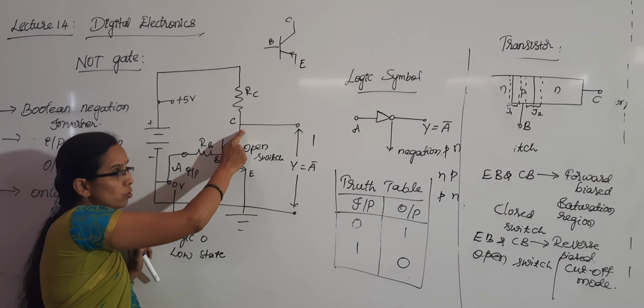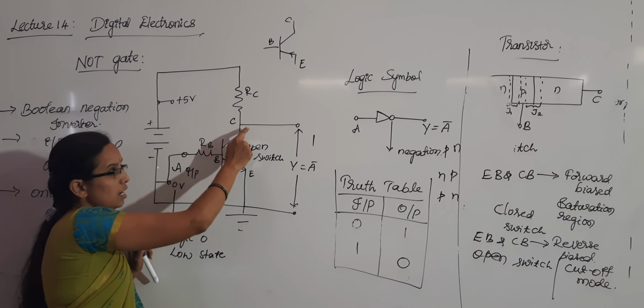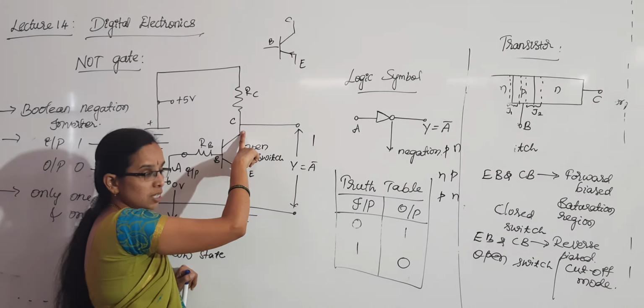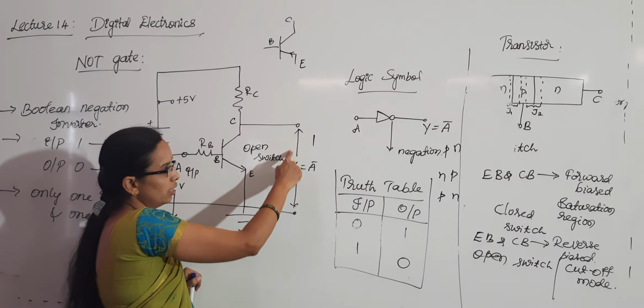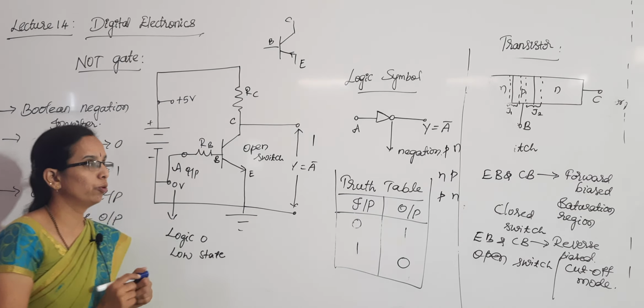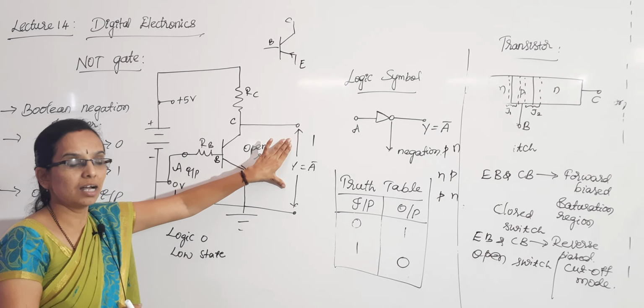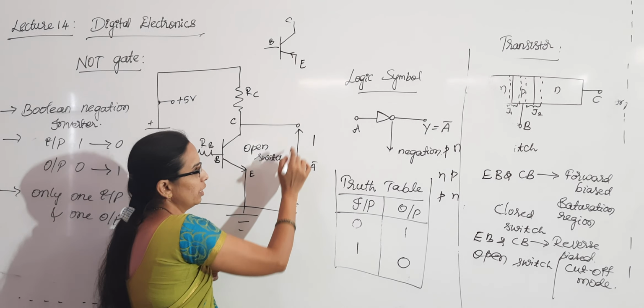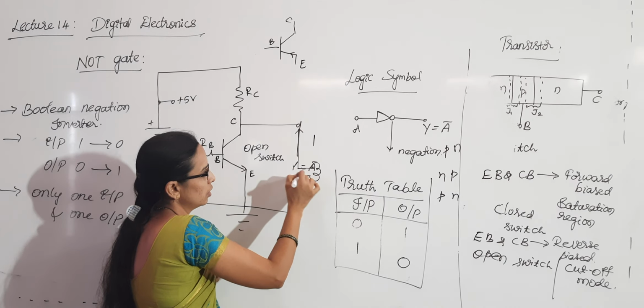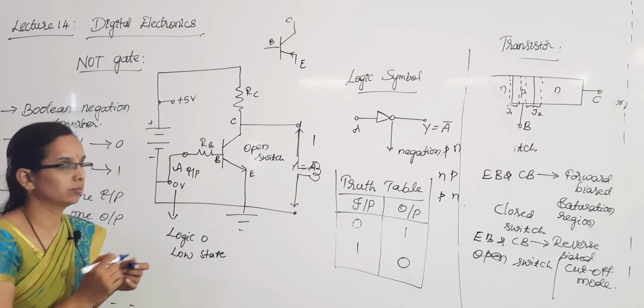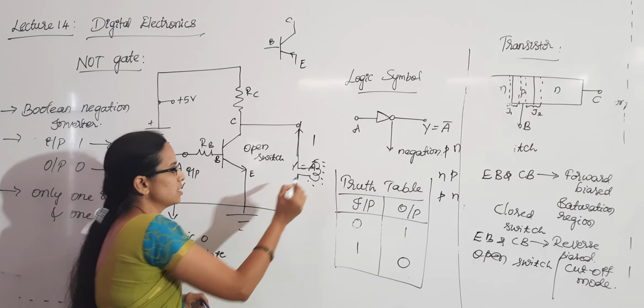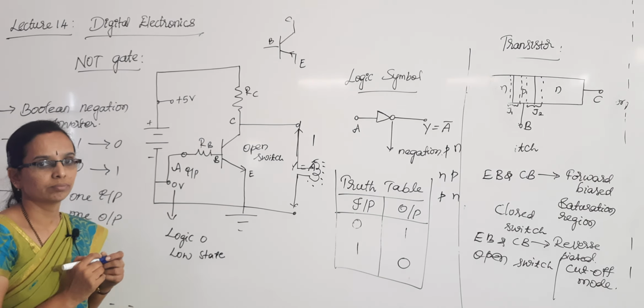The current flowing through this RC will find an open circuit here, so it will come to the output. If you connect a resistor or a bulb at the output, the bulb will start glowing when the base is connected to 0.